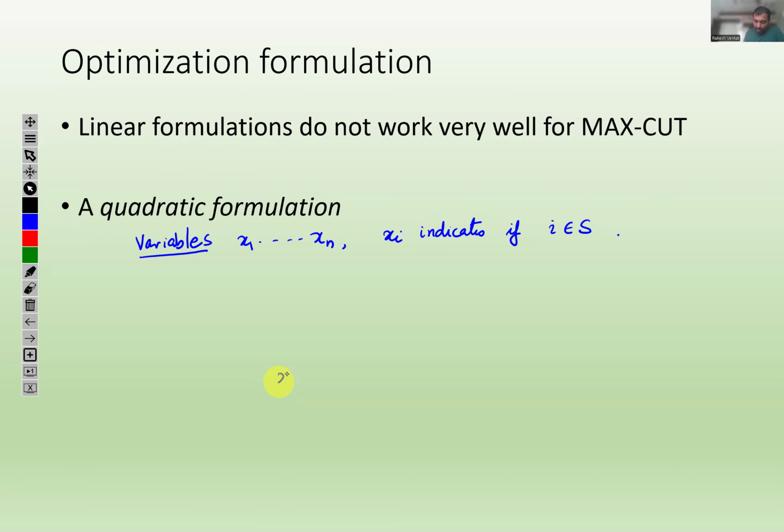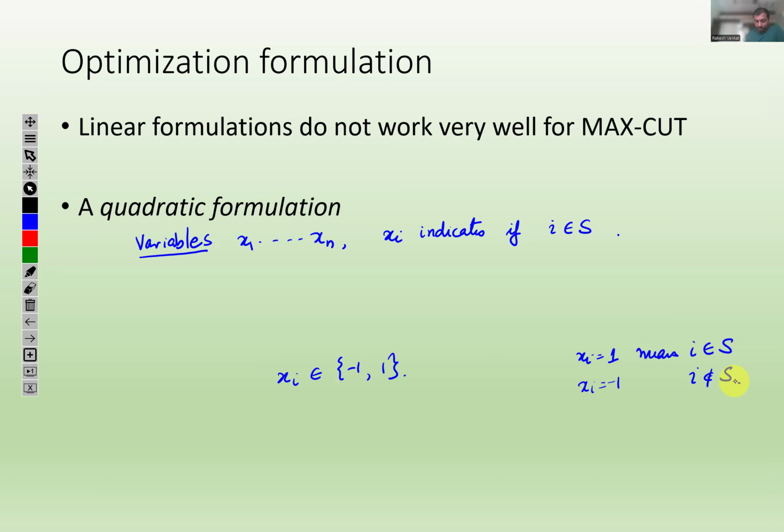I'm going to make these variables not be either 0 or 1, but -1 or 1, where x_i equal to 1 means i is an element of S, and x_i equal to -1 means i is not an element of S. It could be the opposite also, doesn't really matter. So this is a constraint: you have n scalar variables, each set to 1 or -1.